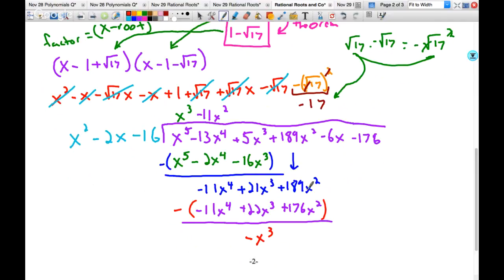I'm using a calculator instead of trying to do the harder steps in my head. Drop another term down. Let's see, this is going to be x squared times a negative x will give us a negative x to the third. Multiply it to each of those terms.